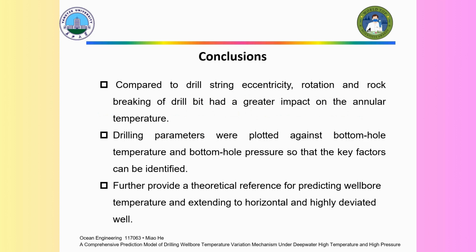Compared to drill string eccentricity, rotation and rock breaking of the drill bit had a greater impact on the annular temperature. Drilling parameters were plotted against bottom hole temperature and bottom hole pressure so that the key factors can be identified. This further provides a theoretical reference for predicting wellbore temperature and extending to horizontal and highly deviated wells.